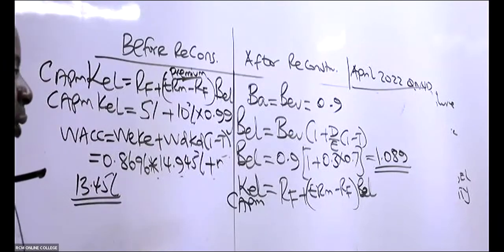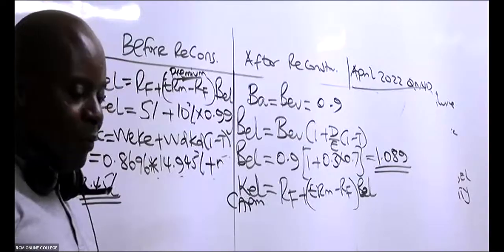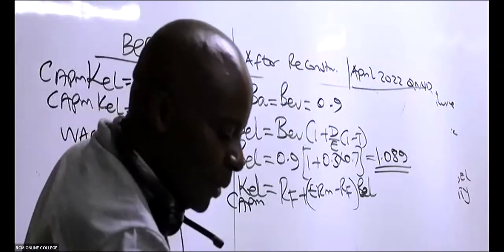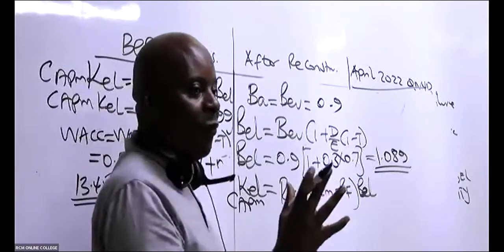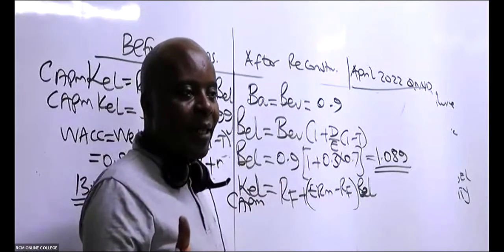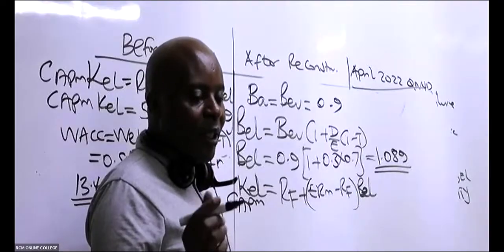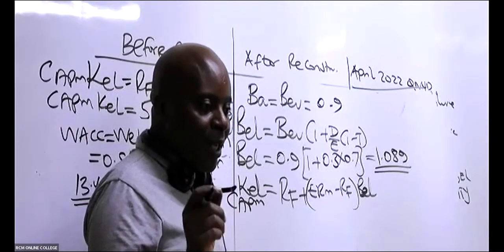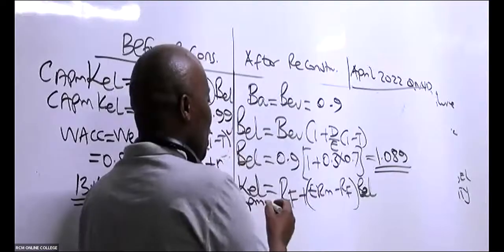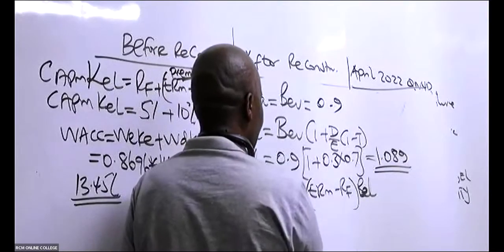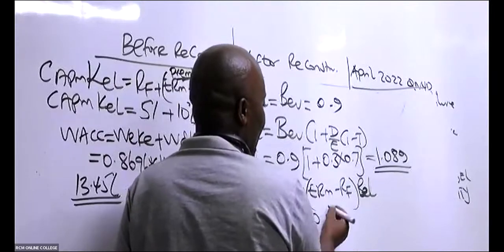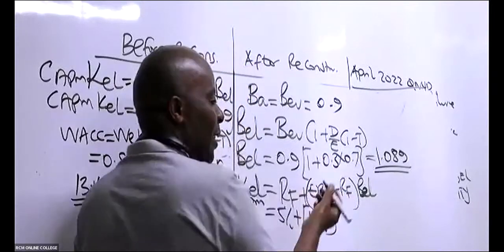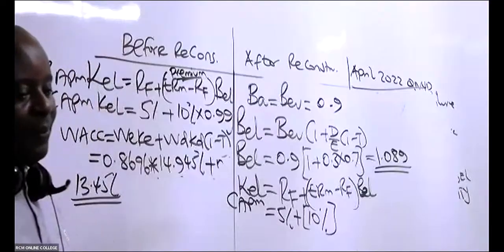You guys have got everything, right? You have everything that you need to get these numbers. So is risk-free going to change if we are going to do reconstruction? No. The only thing changing here is debt to equity. So risk-free remains at 5% plus, into brackets. Fortunately, this examiner has given us the premium, meaning that he has subtracted for us.